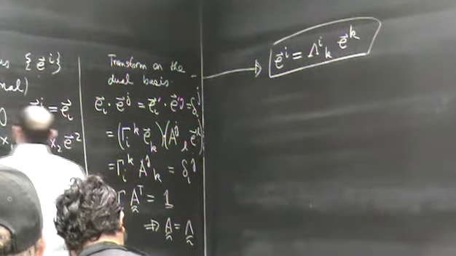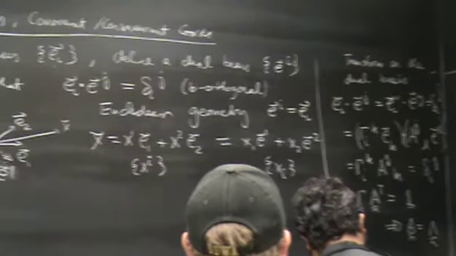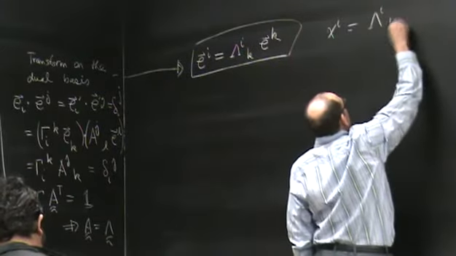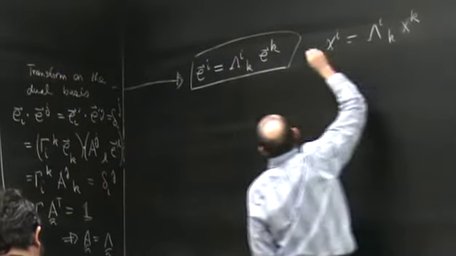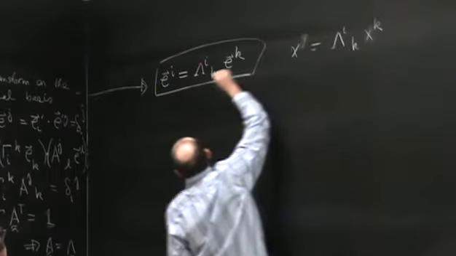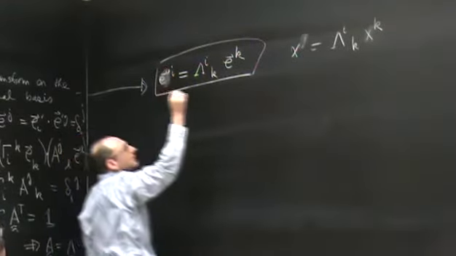How do the coordinates with the lower subscript transform? Remember, we also said that x of I transform according to this. This should be prime. Everything is prime.